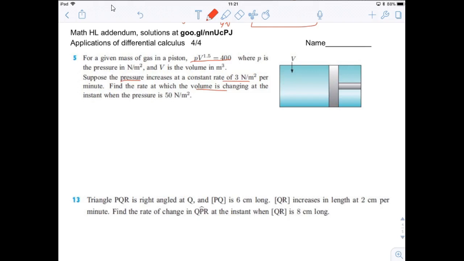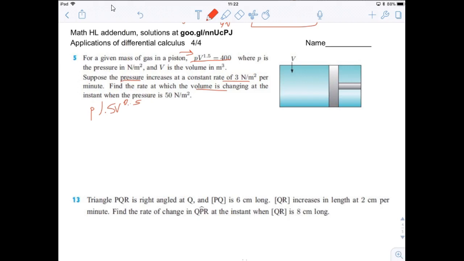If we need derivatives in the expression, what better way to get derivatives than implicit differentiation, right? That is a product. P times V to the 1.5 is a product of two different variables. So we do need to use the product rule. We get P times the derivative of V to the 1.5, which would be 1.5 V to the 0.5, as we reduce the exponent by 1.